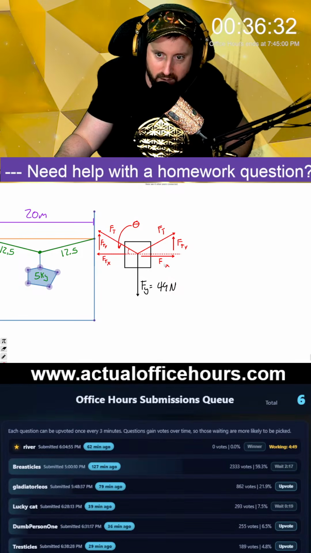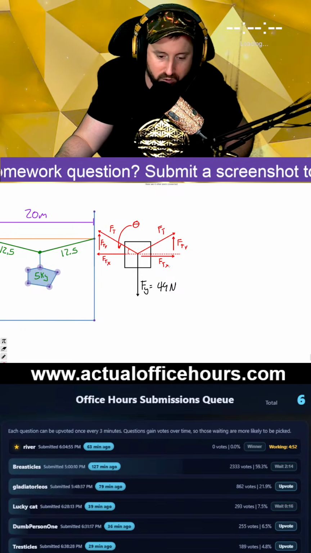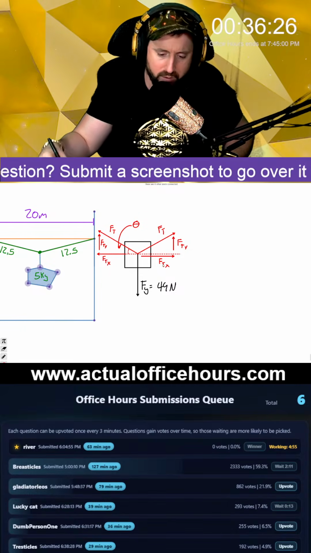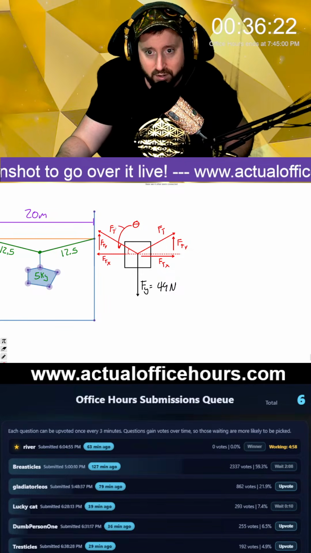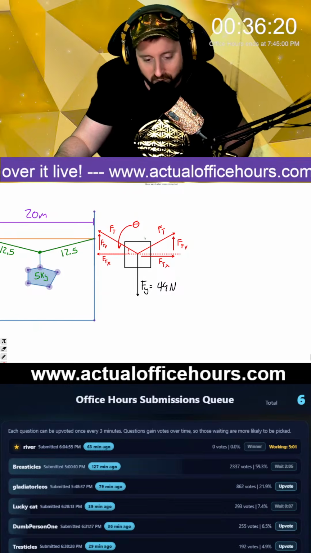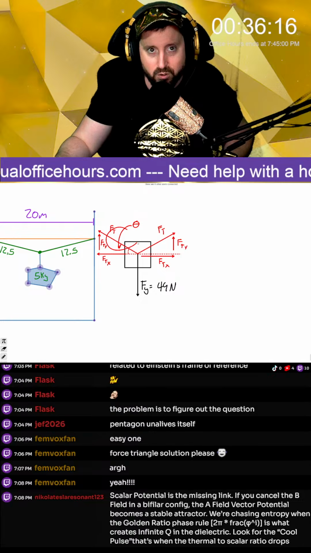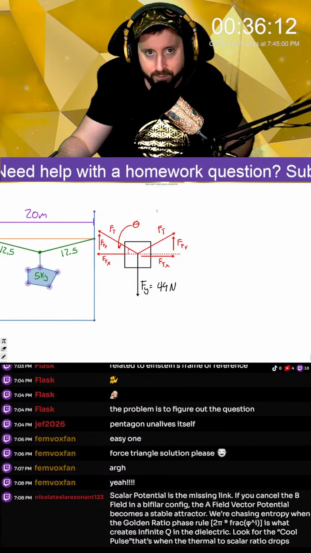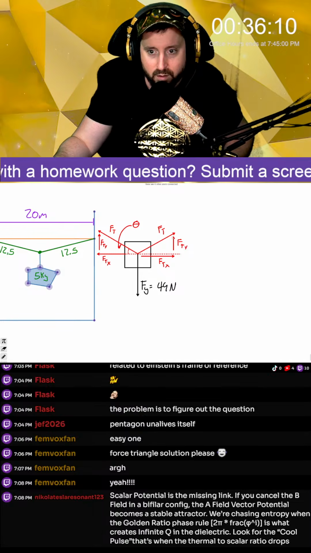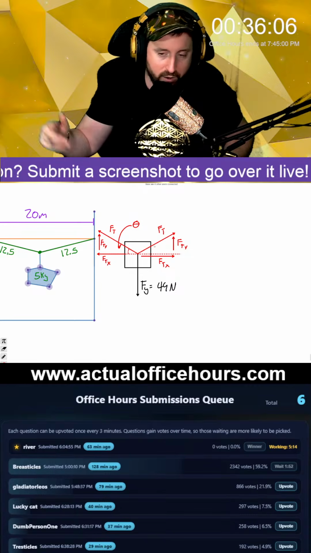So, how you're supposed to do Femvox's trick works. It's very cool because you can use law of cosines just to figure it out. But the way your teacher probably wants you to do it is to take these two forces, draw a diagram, add the gravity force, and draw these as two-component forces, a y component and x component.